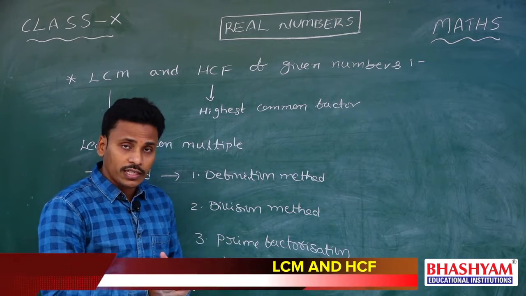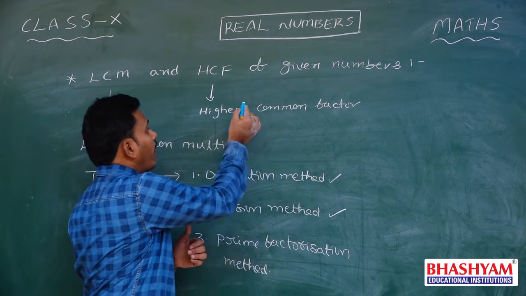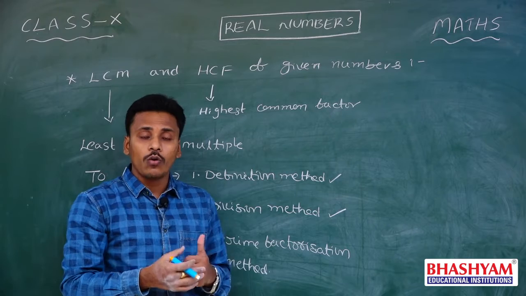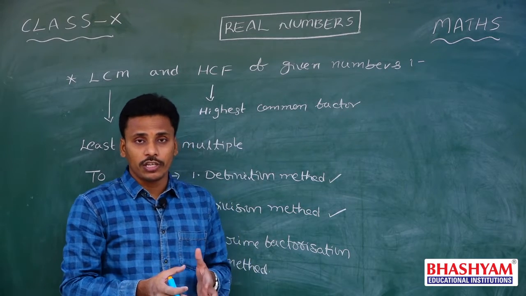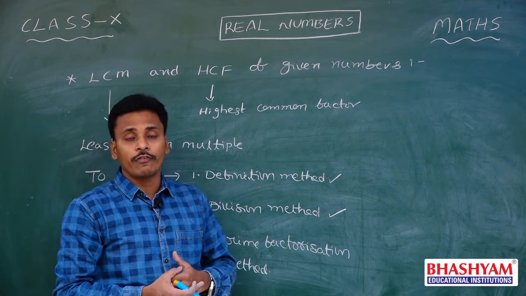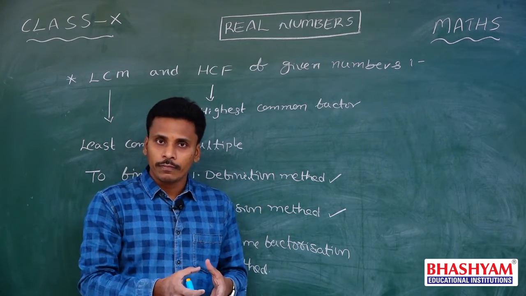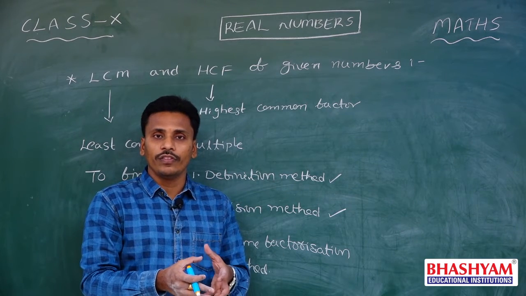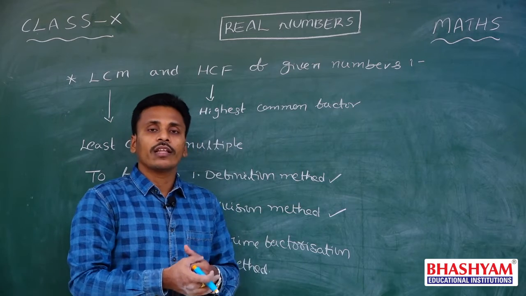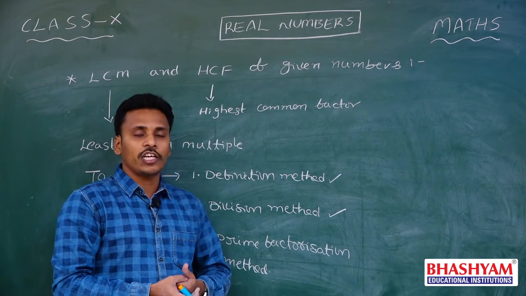So in this session I am going to recall the definition method and division method for finding the LCM of the given numbers. After that, I am going to deal with the way of finding LCM and HCF using the fundamental theorem of arithmetic, or the prime factorization method.